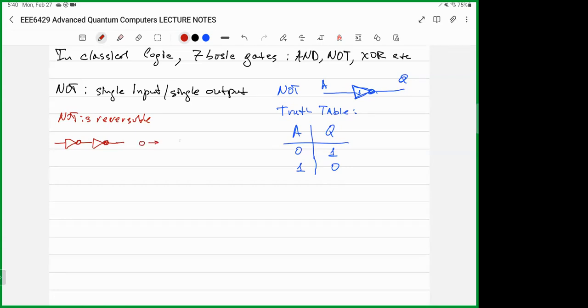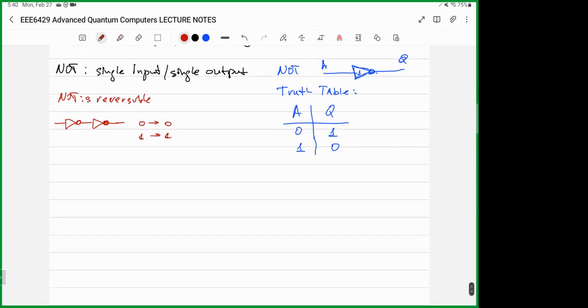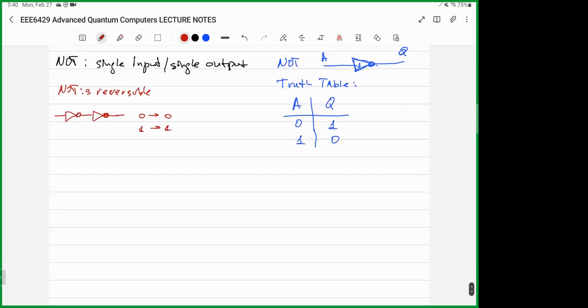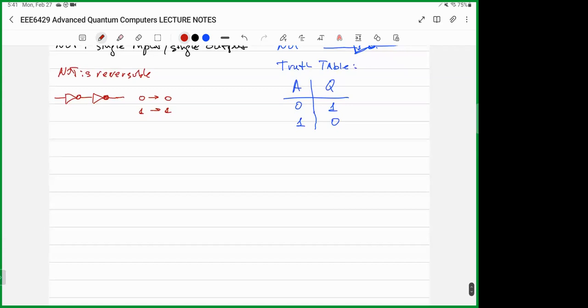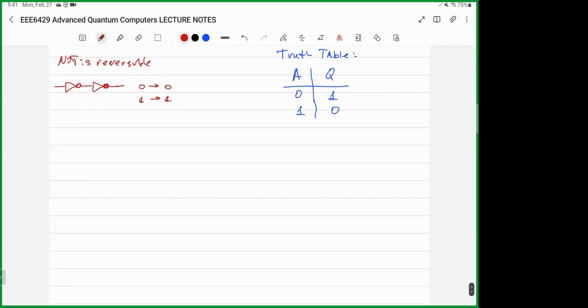So my 0 will turn to 0, 1 will turn to 1. Why? Because the first gate turns, for example, 1 in input into 0 in the output, but the output of the first one is the input of the second, so it is 0, and finally I get 1. I have 1 in input, and I get 1 in output. So it's a reversible classical gate.